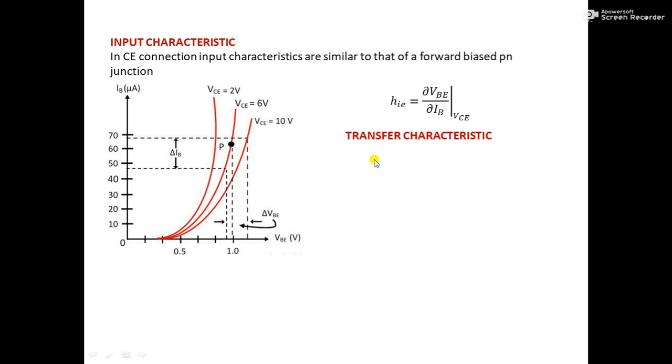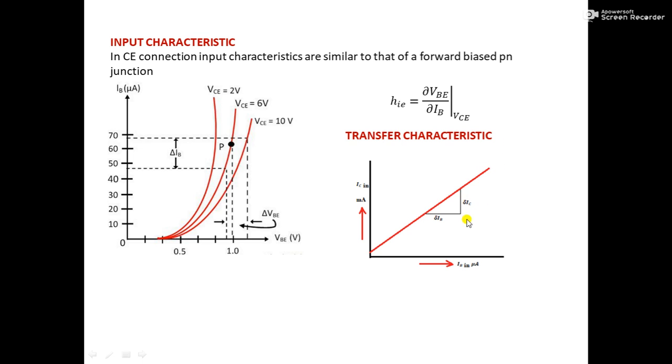the input impedance. Next, the transfer characteristics. IB is increased in suitable equal steps from 0, and the collector current IC is noted when VCE is kept constant.